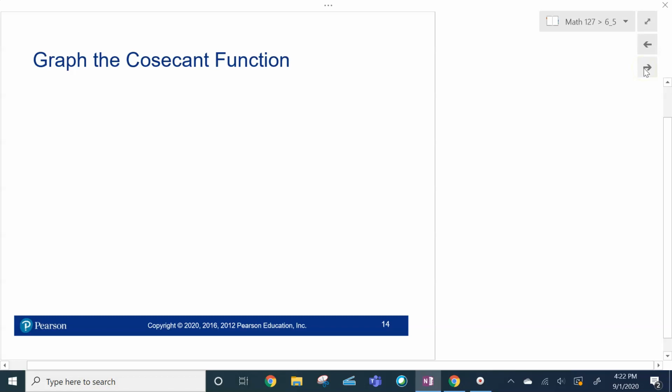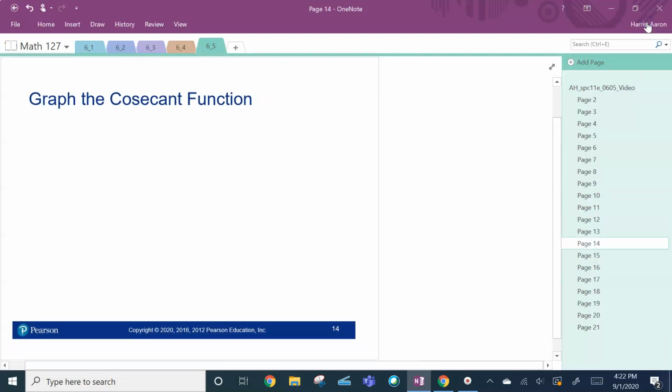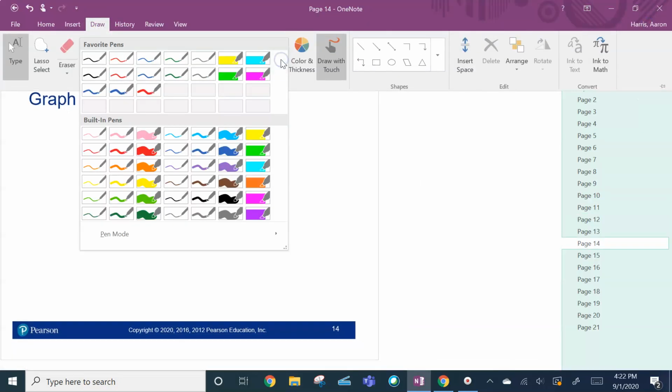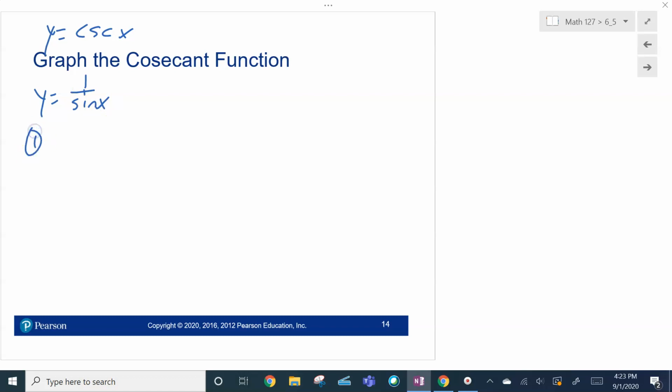All right, finally the cosecant function. So the cosecant, so 1 over the sine. So first of all, where's this thing undefined?